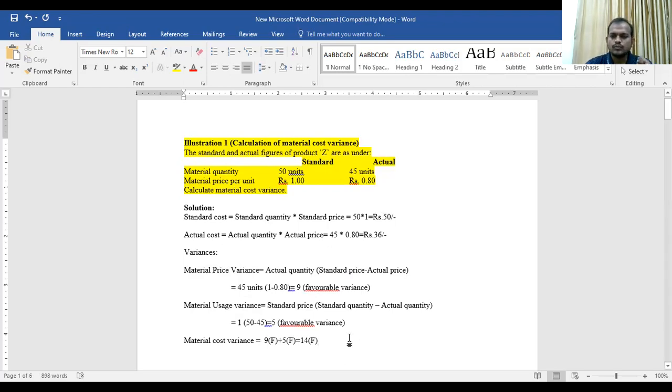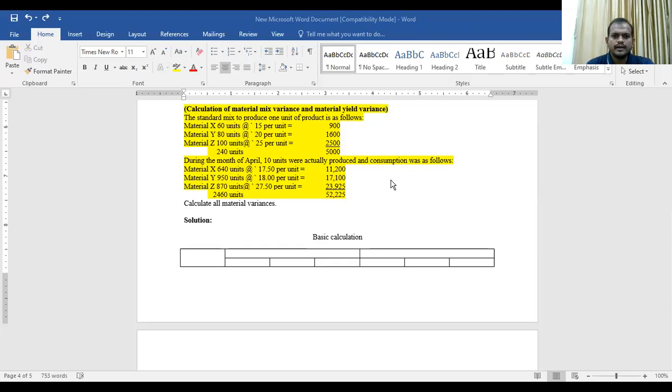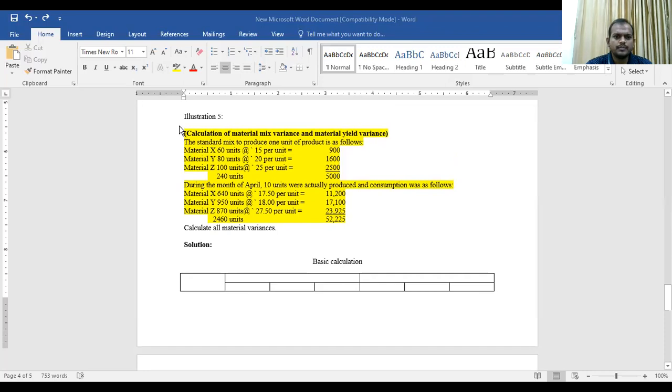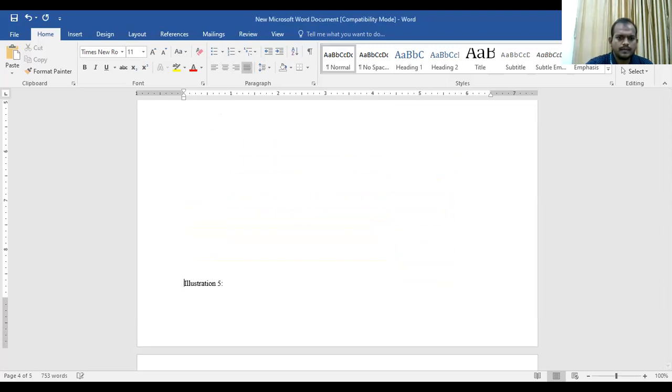So this is how we have to calculate the material cost variance. Let us try to calculate all material variances by using this information.